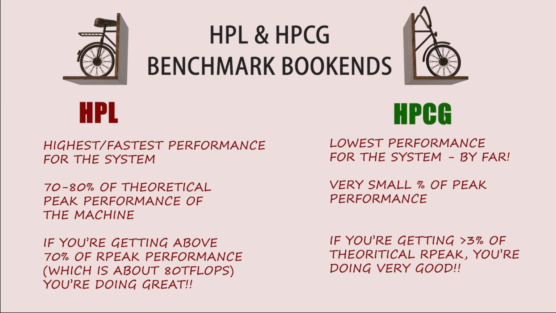With HPCG, you're only going to get a few percent of the theoretical peak performance. If you get above 3%, you're doing pretty good in terms of the theoretical peak performance of your machine. So that's sort of the bookends, if you will, for the results.